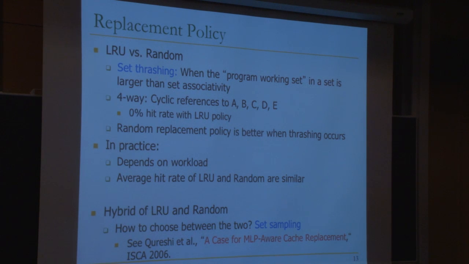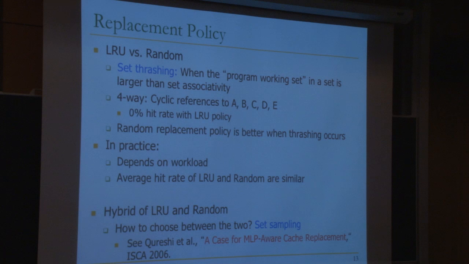Figure out what would have been the hit rate with LRU or with random, and pick the one that would have done better. You could imagine how you build the hardware, right? It's relatively easy to build the hardware because now you're emulating what you would have replaced if you picked random, and what you would have replaced if you did LRU. Make sense? There are some implementation issues, but that's the idea.